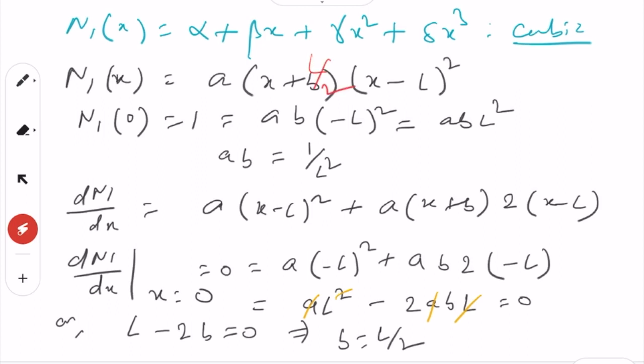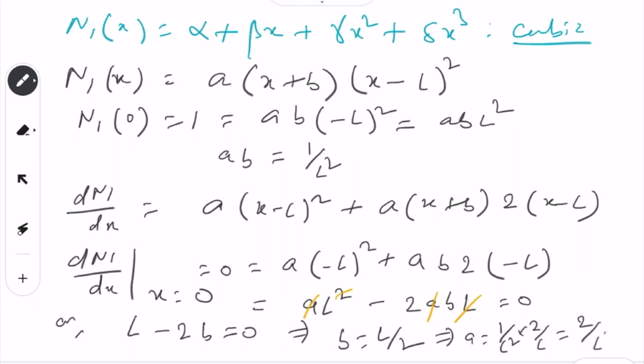So, L over 2 we write here, and then a, which tells us a is equal to 1 over L square divided by 1 over b, multiplied by 1 over b. So 1 over b is 2 over L, so multiplied by 2 over L. This becomes 2 over L cube.